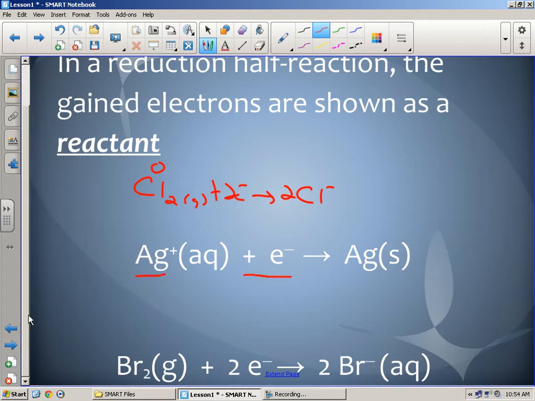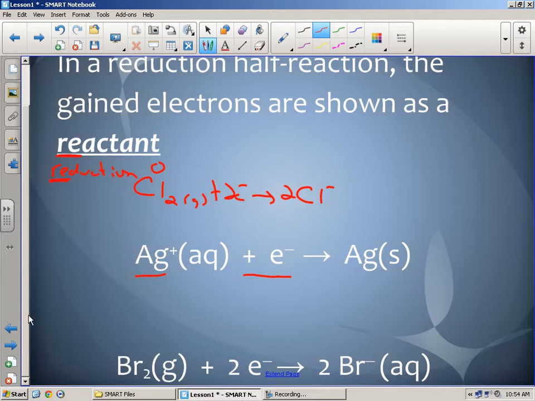So we have oxidation, which loses electrons. We have reduction, which takes in those electrons. And of course, those two happen simultaneously. They happen at the same time. If you want to remember which one's which, look, reactant side is the reduction. They both start with Re, right?